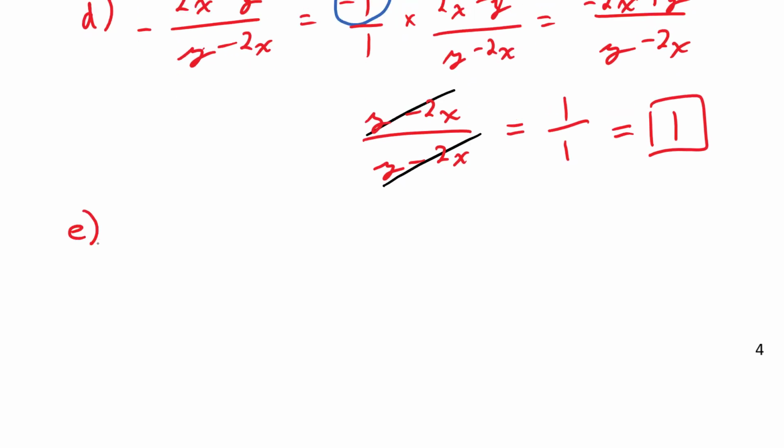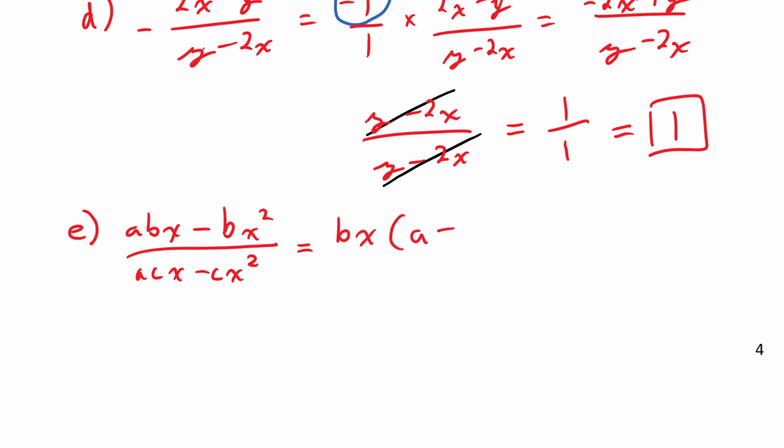Let's try e now. A b x minus b squared x over a c x minus c x squared. Let's pull out common factors from the top and from the bottom. So common factors from the top, I have a b and an x, times a minus x.